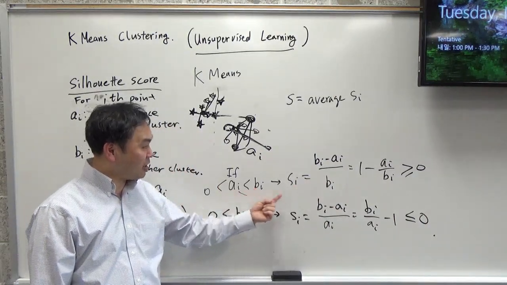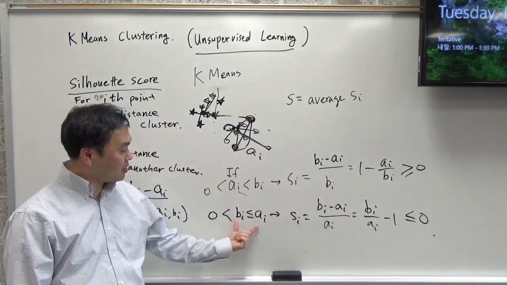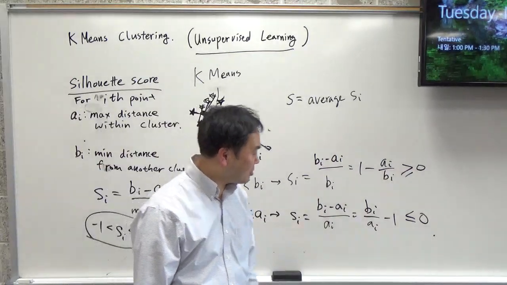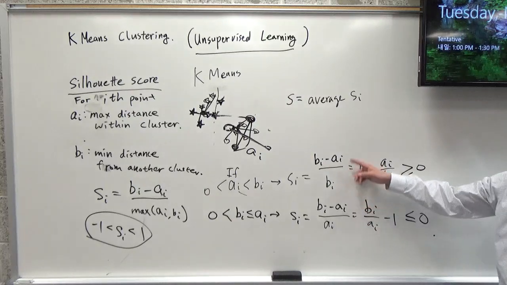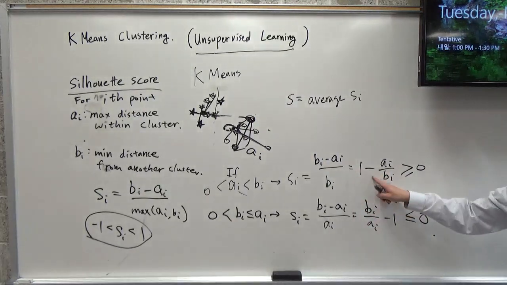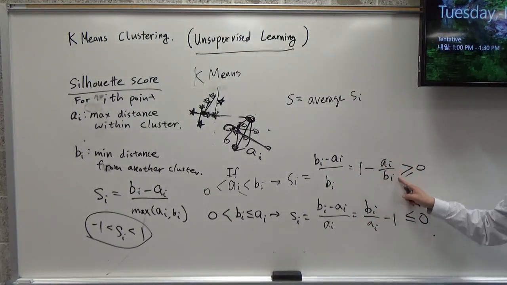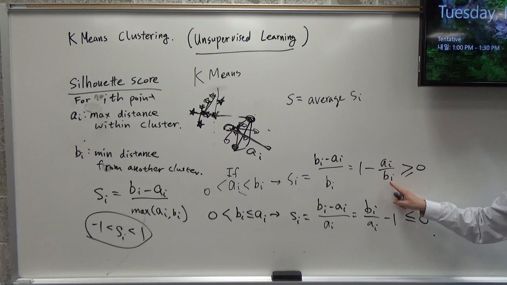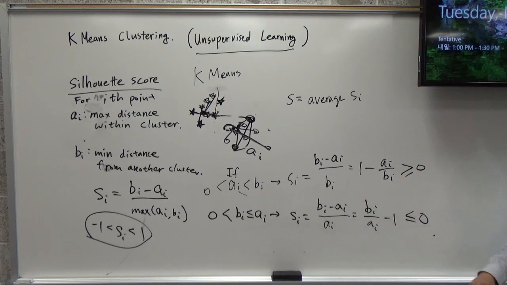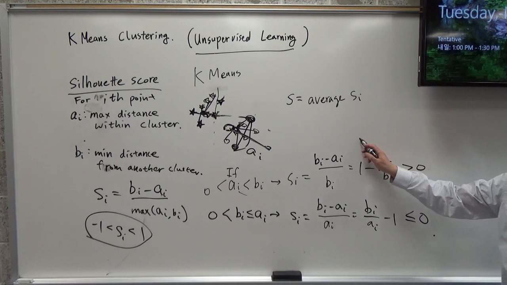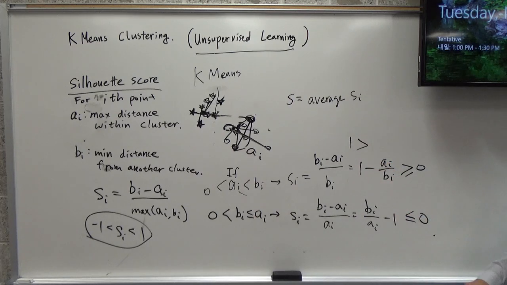In this case, BI is bigger, so the denominator is BI. In this case, AI is bigger, so the denominator is AI. And therefore, when you calculate this, you have 1 minus AI over BI. They're both positive, and BI is bigger than AI, so this is a value between 0 and 1. That's why it has to be positive in this case, but it also cannot be bigger than 1.